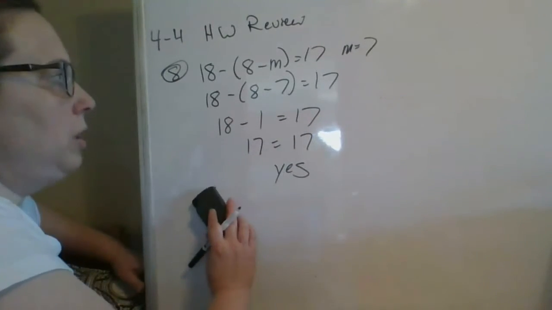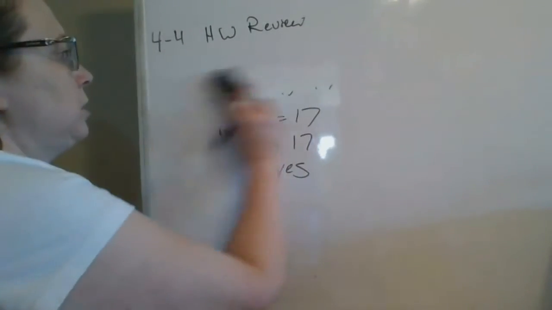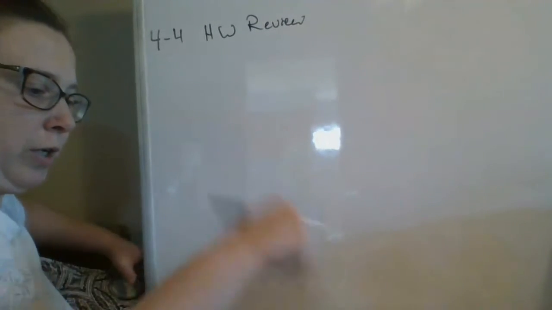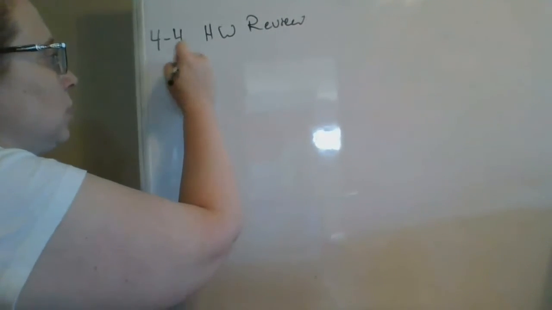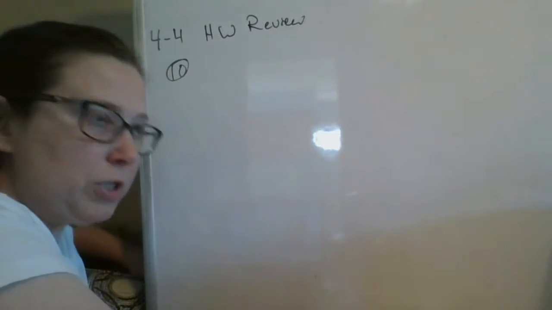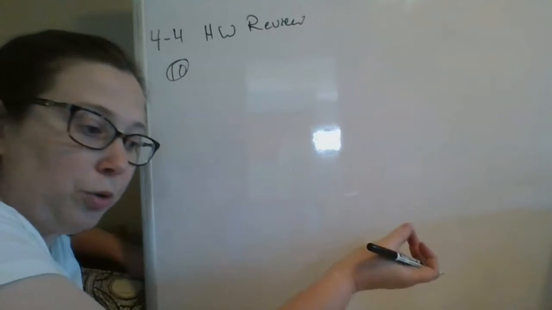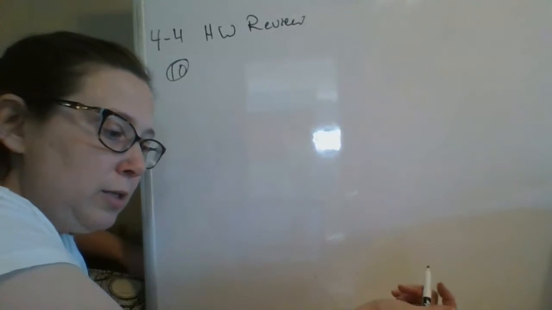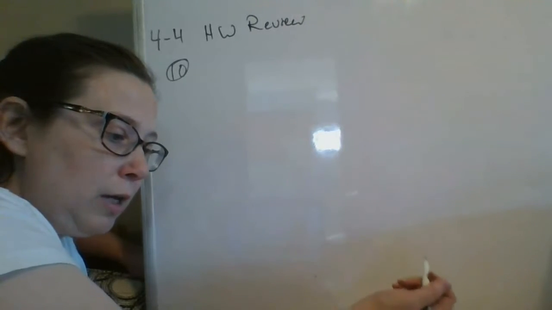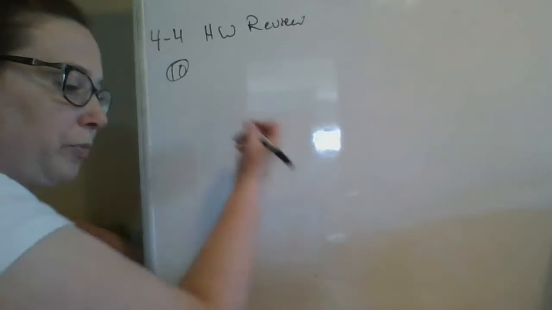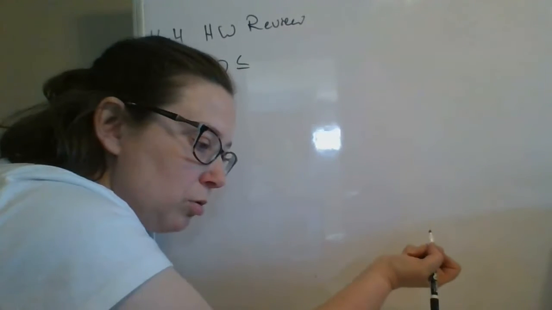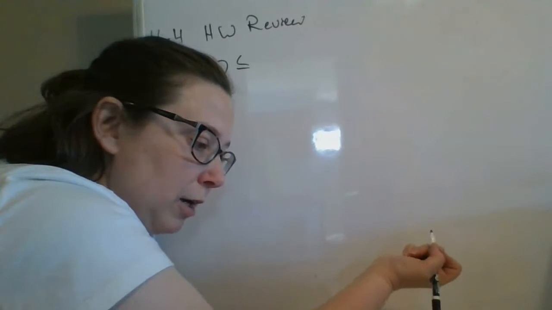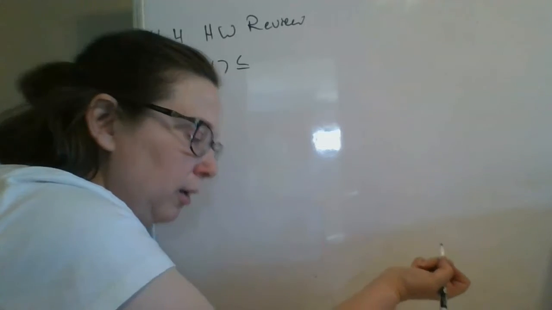Next section has to do with our inequalities. The first section here, we're just translating, deciding if it's open or closed. And if it's closed, we can say whether or not it's true or false. Number 10 says 47 is less than or equal to 5 times 3 added to 9.